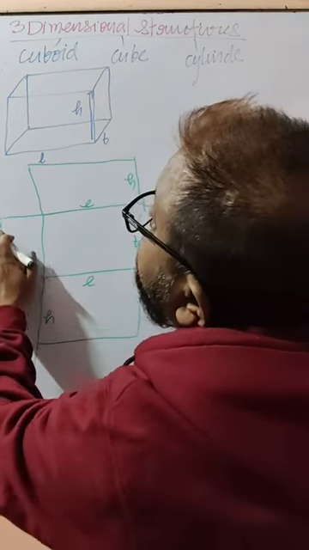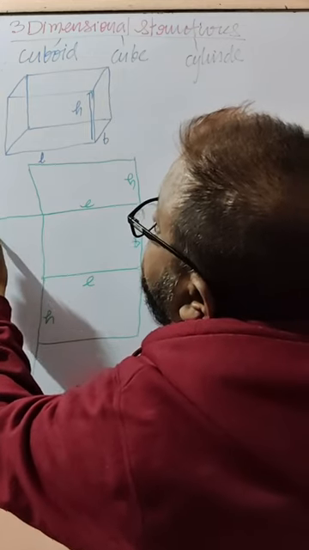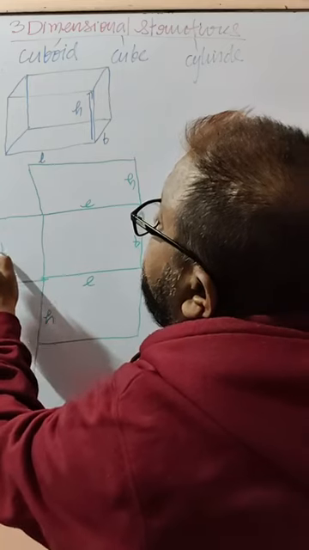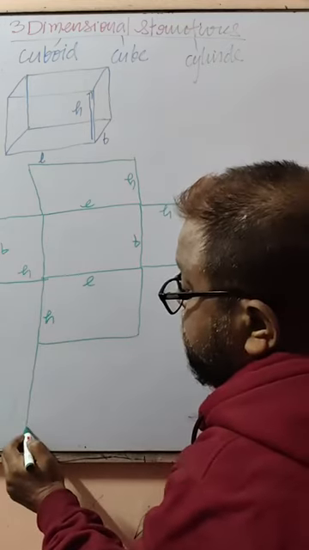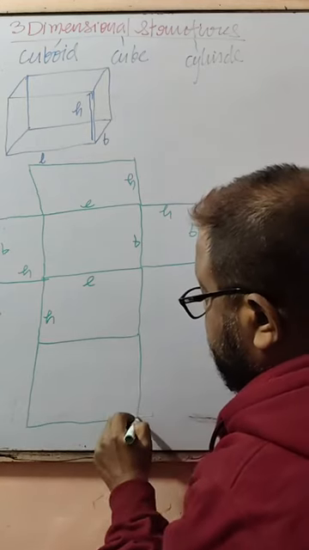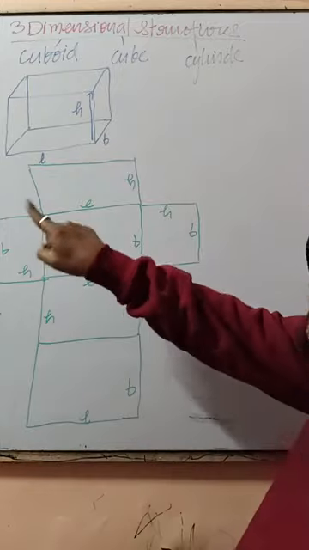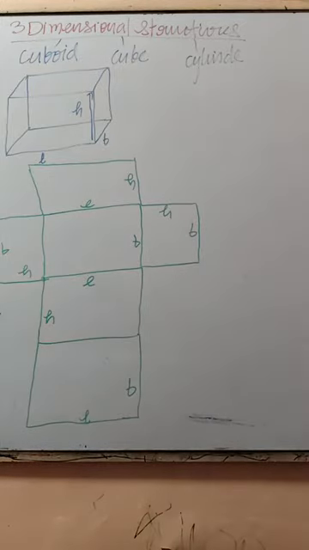within the range, this is B into H, right? And this is again L into B. This is L into B. There are 6 surfaces, right?